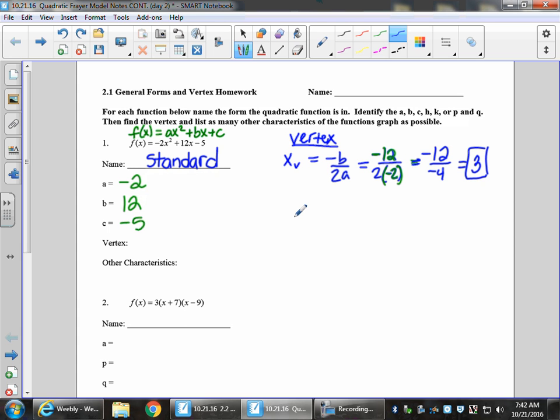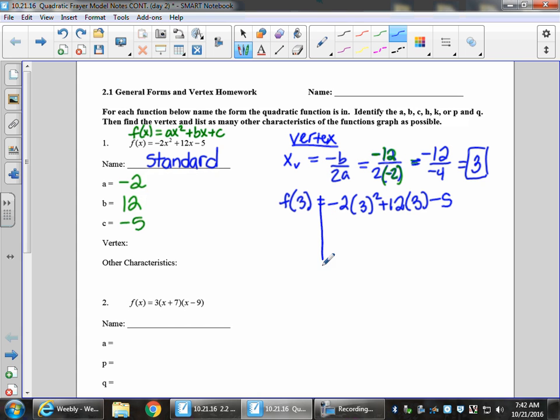If I have an x value, how would I find the y value? That's it. Plug it in. So let's plug it in. So f of 3. What will that look like? Plus 12 times 3 minus 5.